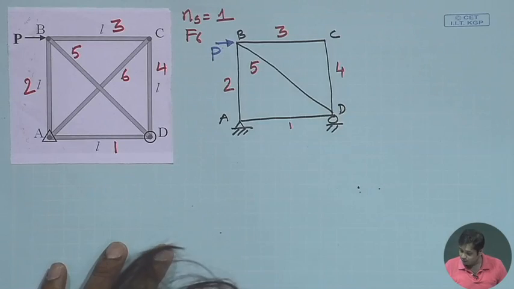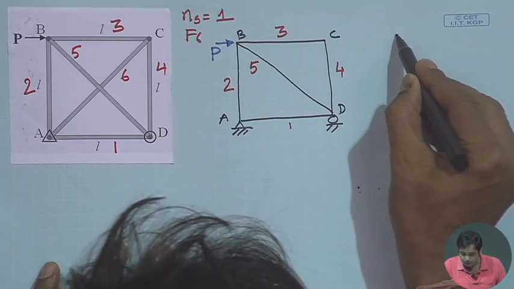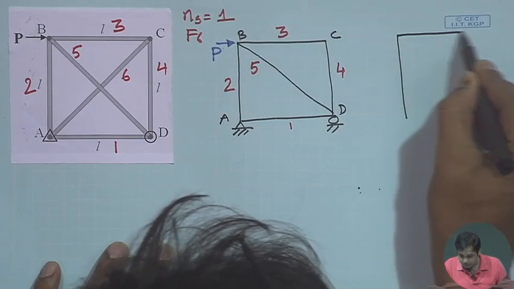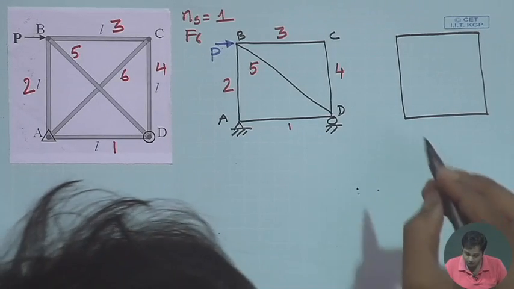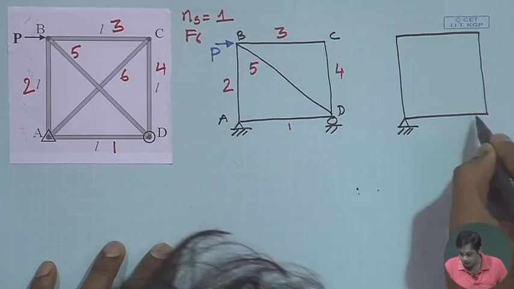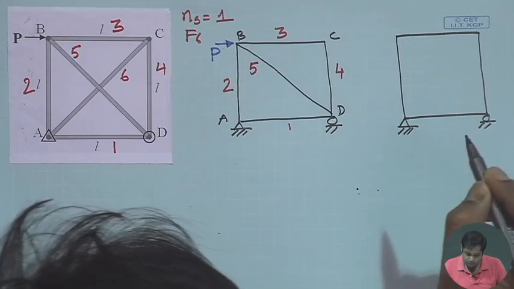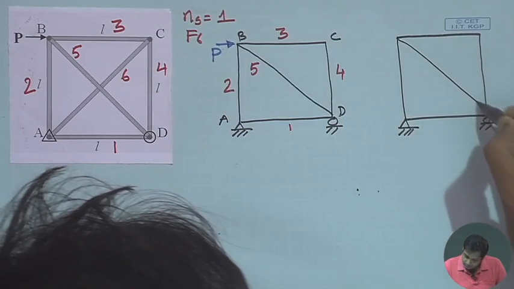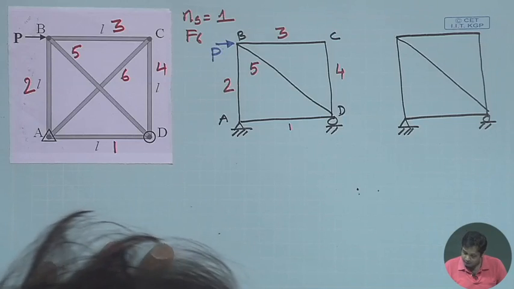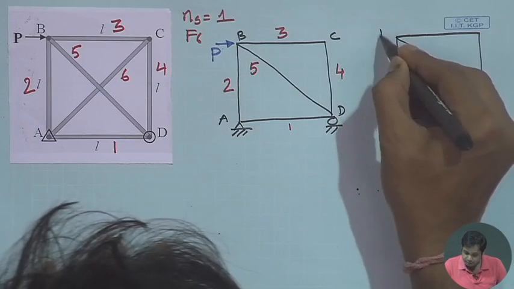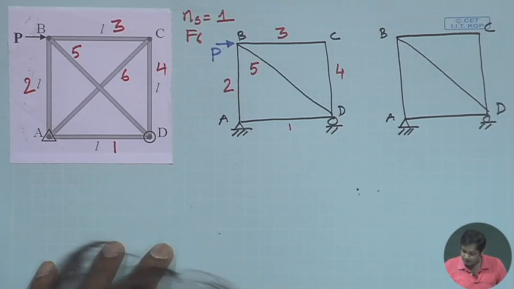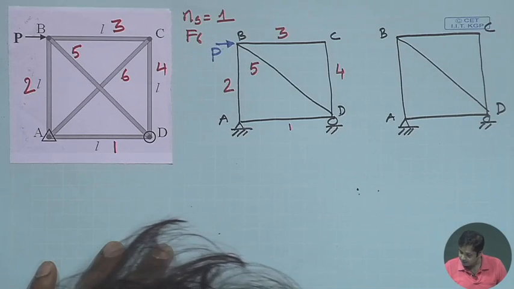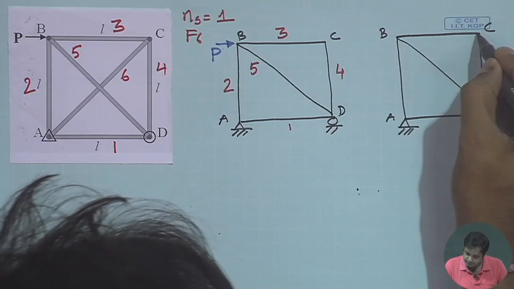Then this is one primary structure, and the next one is the structure subjected to only the redundant force. Okay. So this is a hinge support, again a roller support. We have a diagonal member here, and these joints are A, B, C and D, and then the redundant force is this.